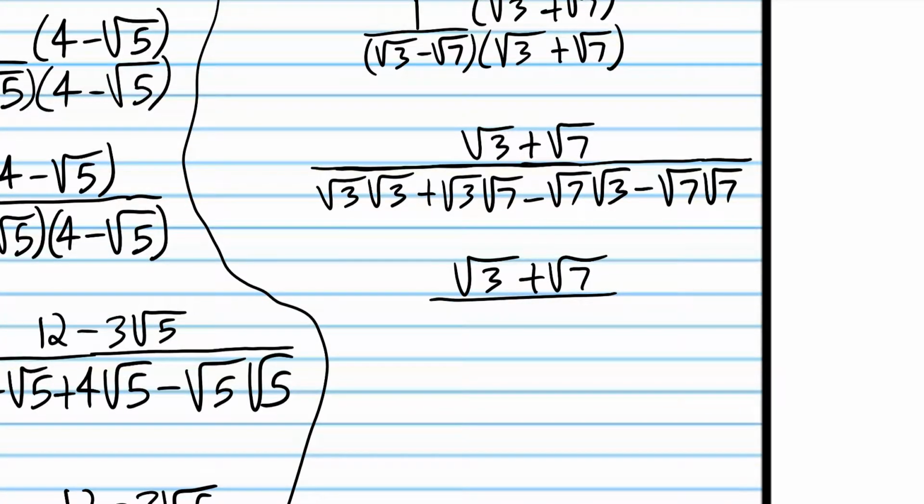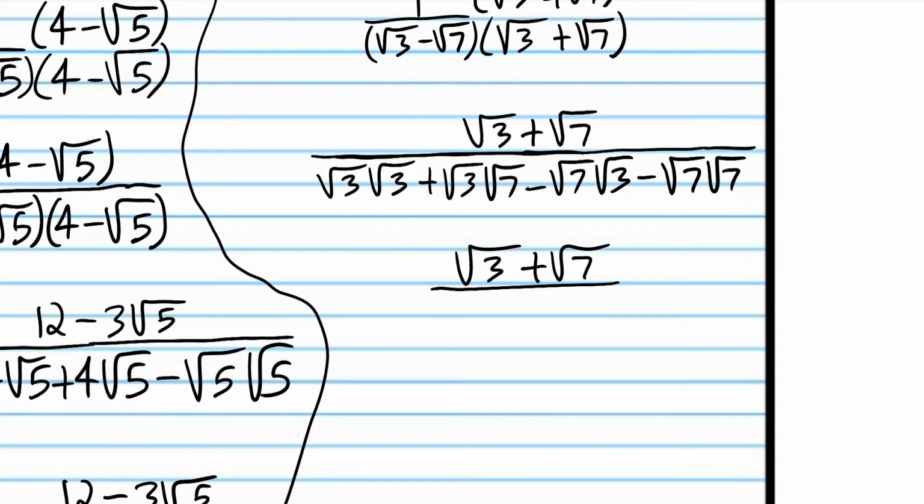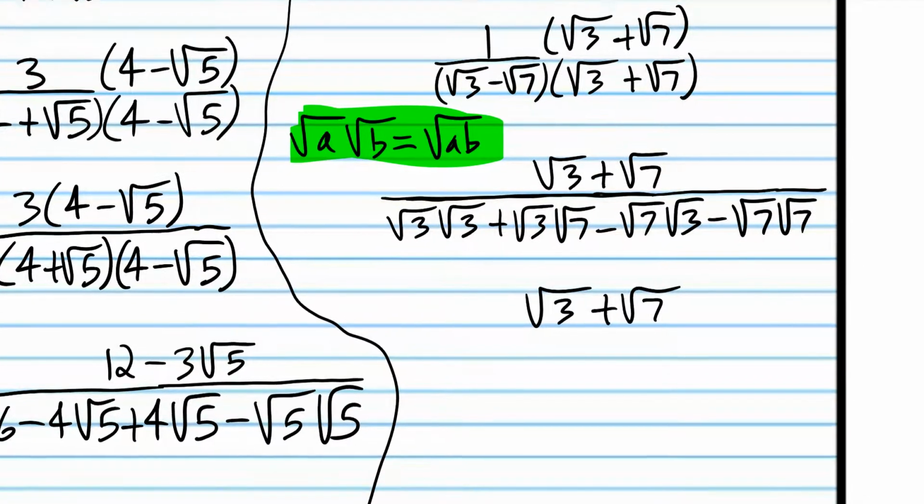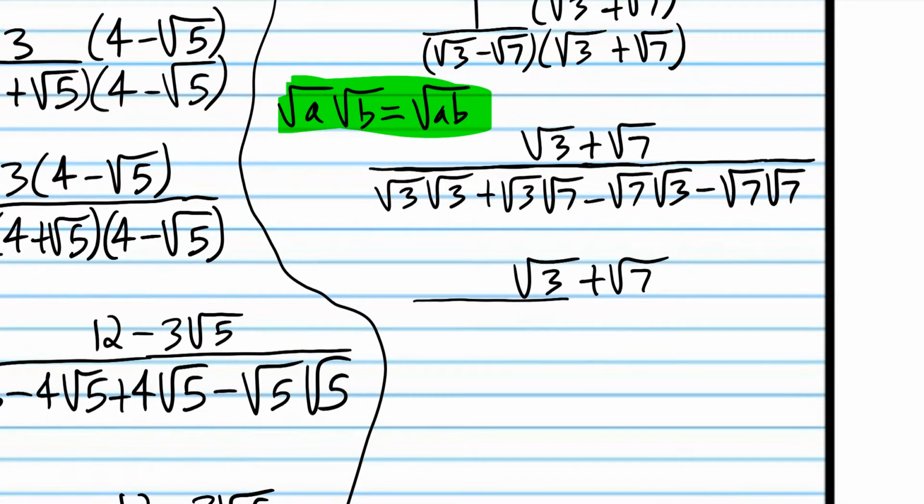And so root 3 times root 3, you can just use that principle. Remember, if you flip the equation, root a times root b is equal to root a times b. If you flip that equation that we went over in the last class, so at the bottom is just going to be root 3 times 3, and then you could just cancel these out immediately.